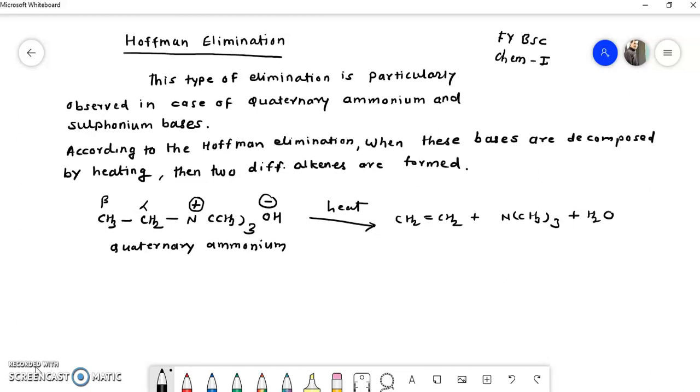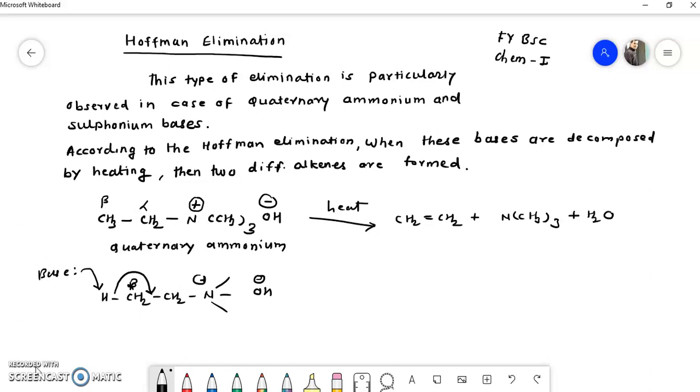Say I will write the structure like this: CH2 CH2 N. So here is a positive charge. These three are the methyl groups and OH minus in the surrounding. So what happened? The base abstracts this proton which is present on the beta carbon. Okay, this is the beta carbon, and this bond gets shifted here.